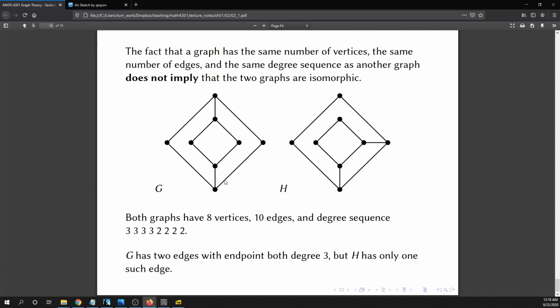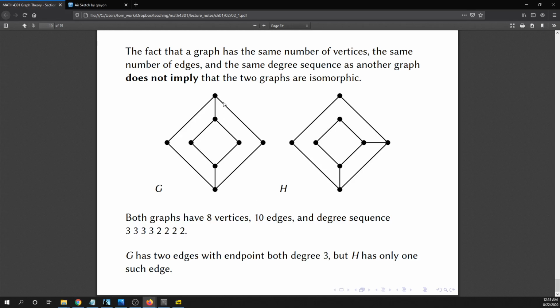So 1, 2, 3, 4 around the outside square, 1, 2, 3, 4 around the inside square. So that's 8. And then 9 and 10. And then same thing here. 4 around the outside square, 4 edges around the inside square, and then 2 additional edges gives us 10 edges altogether. So same number of edges, and now let's check the degree sequence.